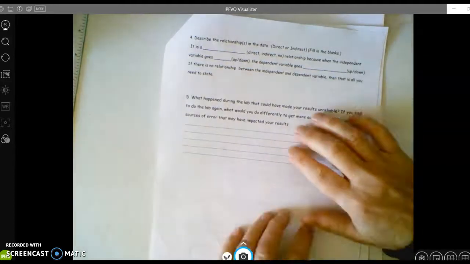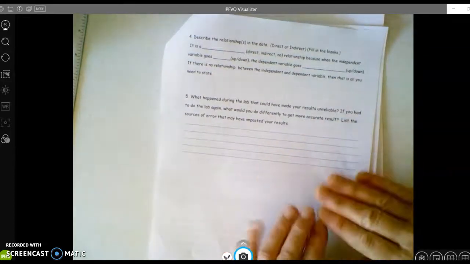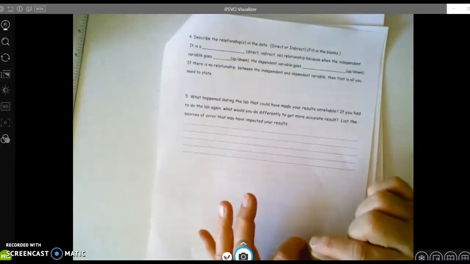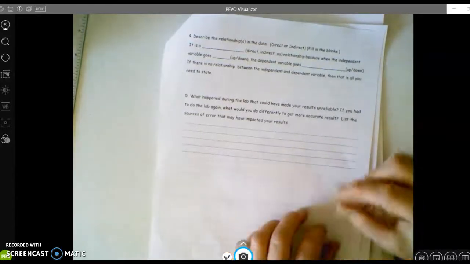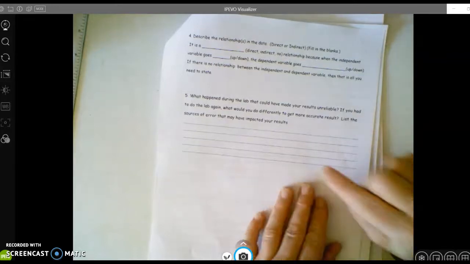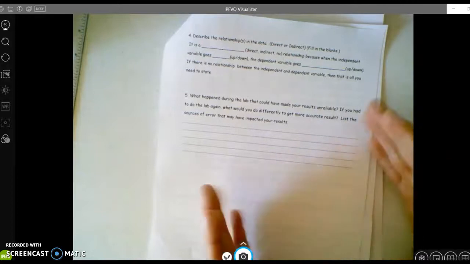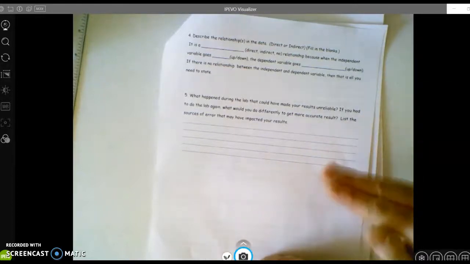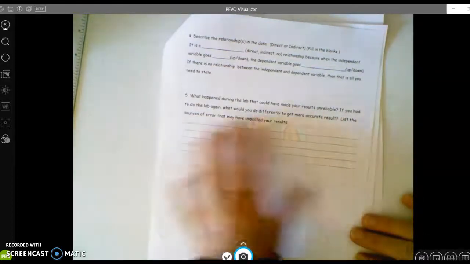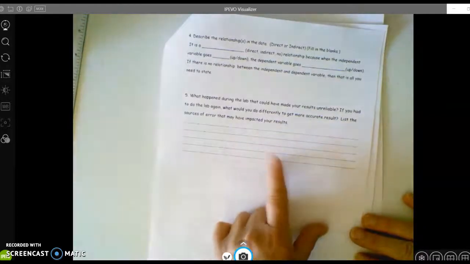You have to tell me what you did. Did you not hold the penny steady? Was your dropper not the same height from the penny every single time? Did you not use the same side of the penny every single time? So think of all those things that could have been sources of error, and I want you to write a sentence or two about that.